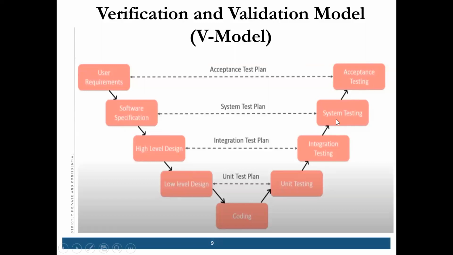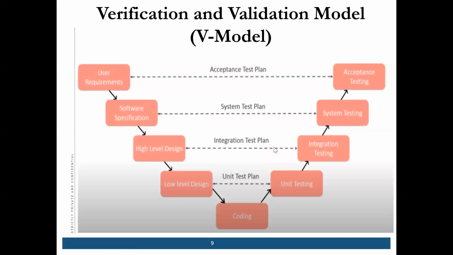The traceability matrix is also created. So what all can be created here in system testing? System test cases, feasibility report, system test plan, hardware and software requirements. All these can be created in this phase.